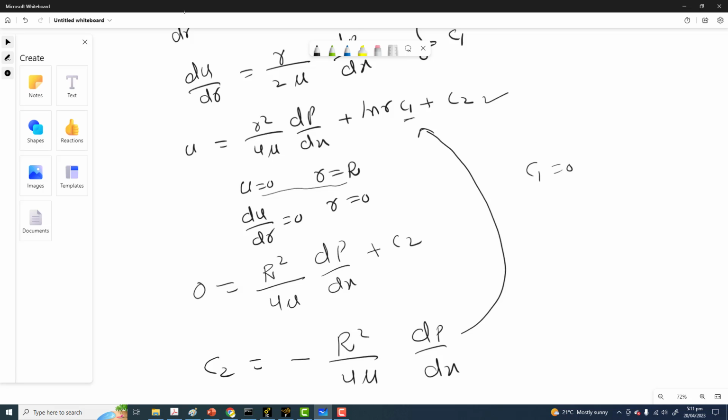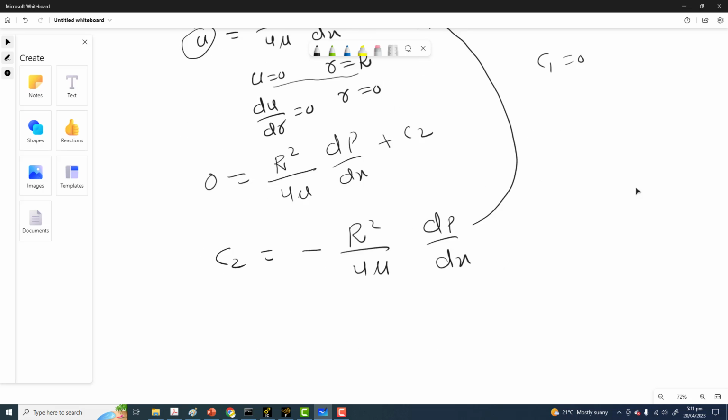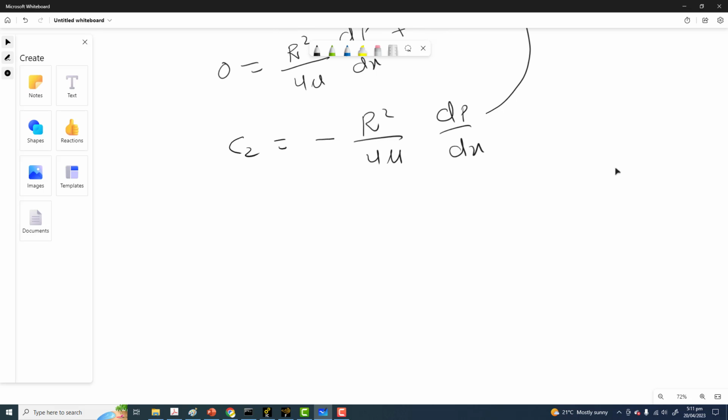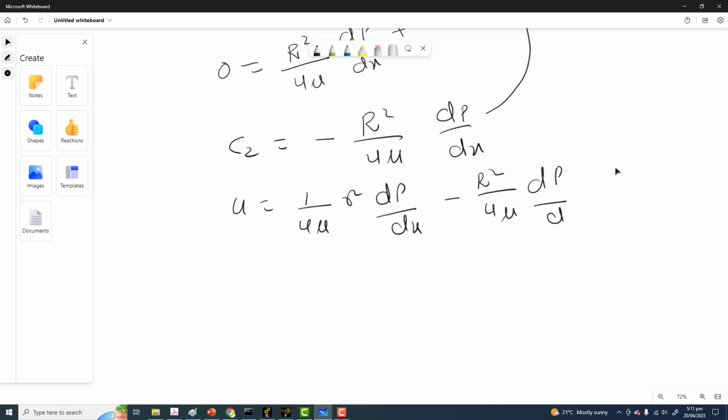Putting these two constants into the equation, we get u = 1/(4μ) r² dp/dx minus R²/(4μ) dp/dx. This is C2, so there is no other variable here.